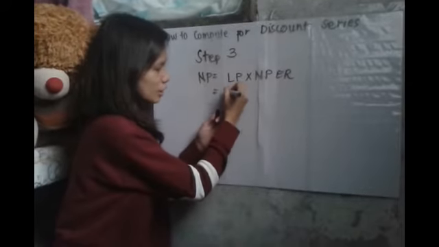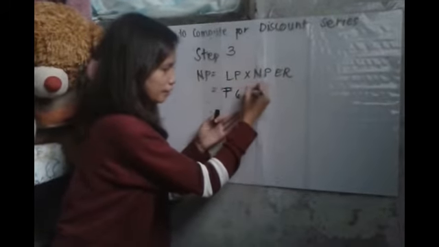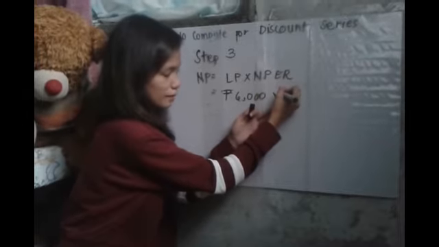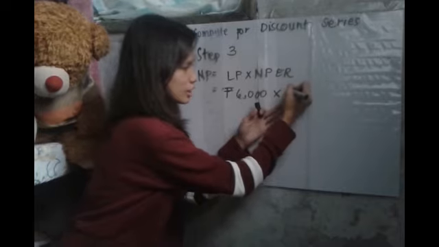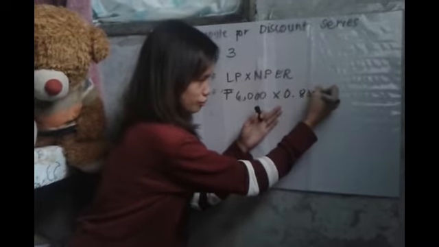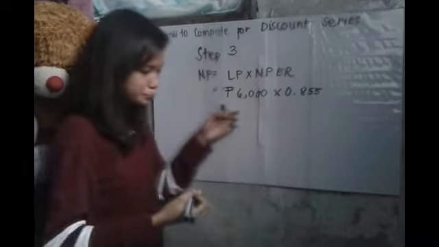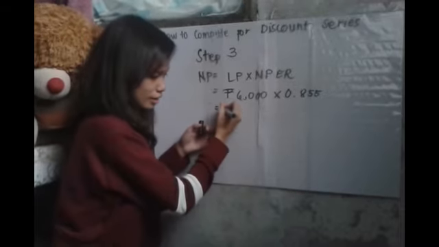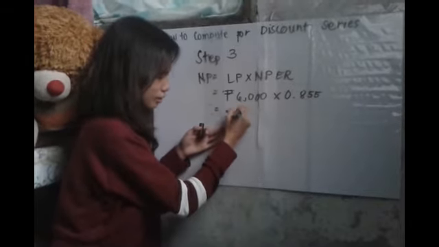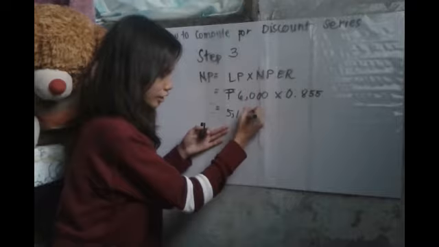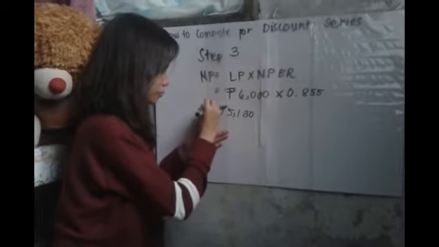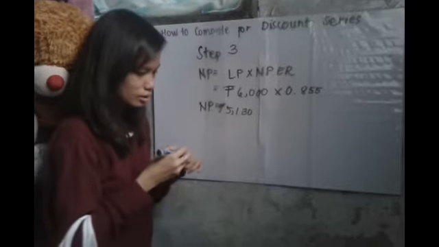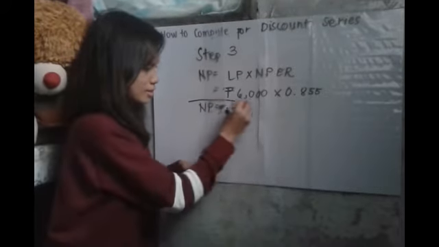Since LP is equals to 6,000 pesos times the net price equivalent rate, which is 0.855. That makes it 5,130 pesos. That is the net price.